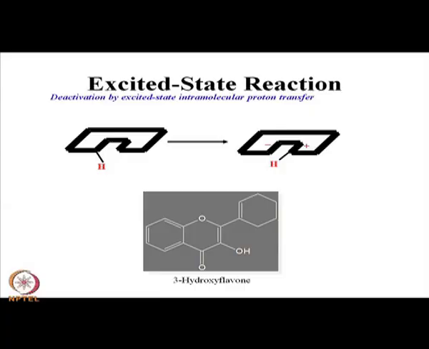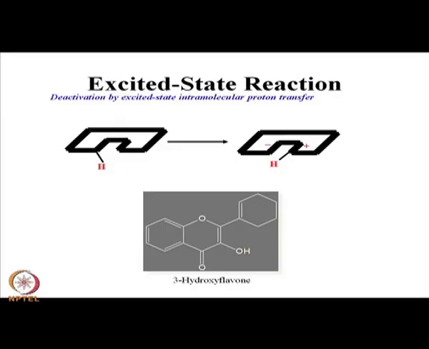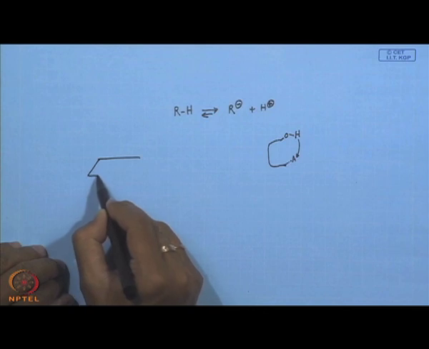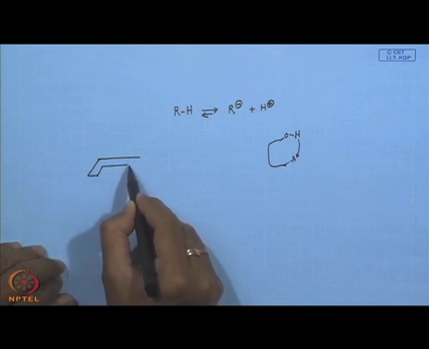Or other things may happen, like electron transfer, that may be possible, maybe energy transfer, or in this case what we are focusing on is the proton transfer. You see that the proton is getting transferred, I mean schematically it is shown like here, as I have shown over here, this is your molecule, the schematic of the molecule.